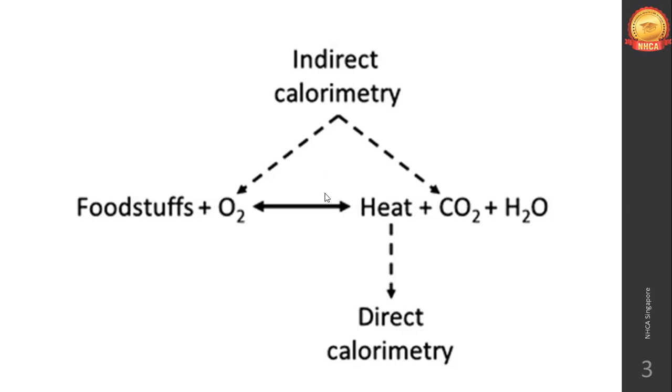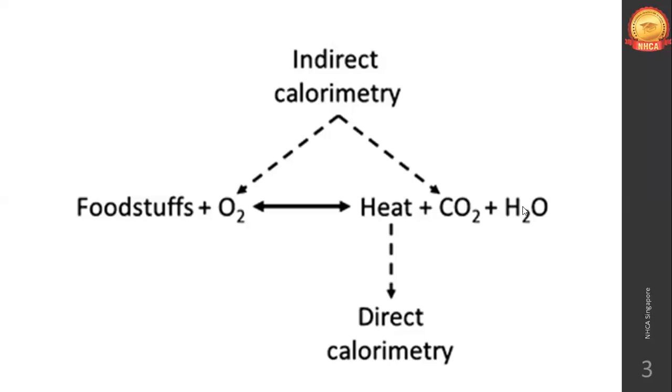But in direct calorimetry, we don't check what food was given or how much heat or carbon dioxide or water is released, because when you digest food, your body produces heat, your body perspires, so sweat is also coming out in the form of water, in the form of urine, in the form of feces.